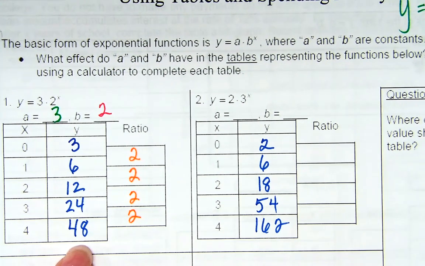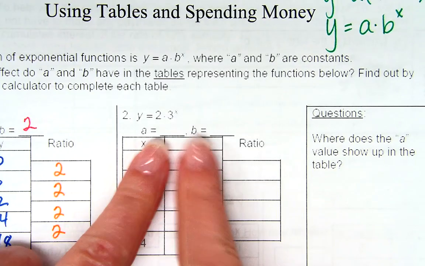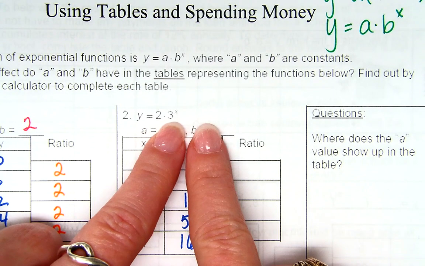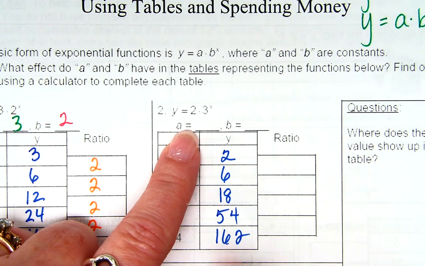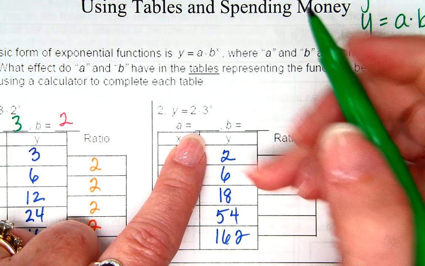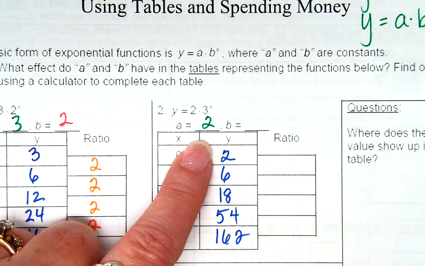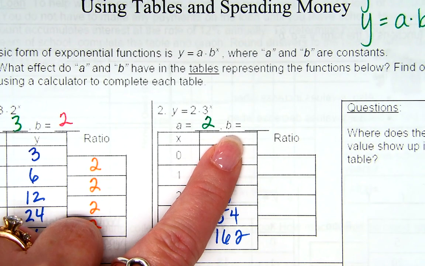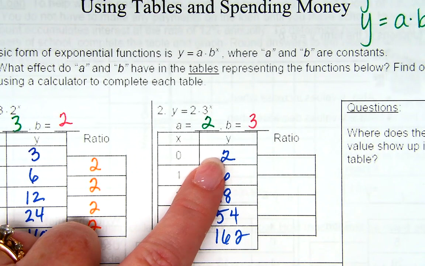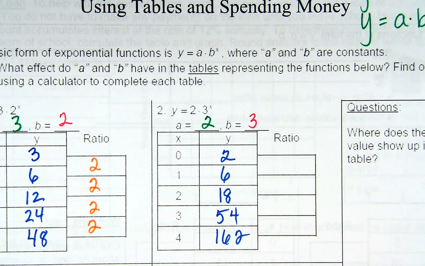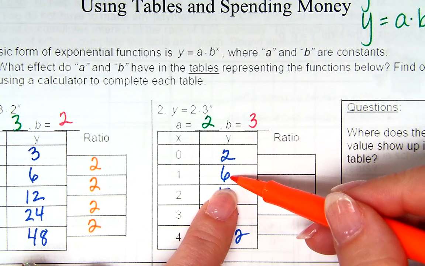Okay. Look at problem number 2. If y equals 2 times 3 to the x, Sierra, can you tell me what a is for this problem? 2. Okay. And Isaiah, can you tell me what b is for this problem? 3. Okay. Aiden, what is 6 divided by 2? 3.